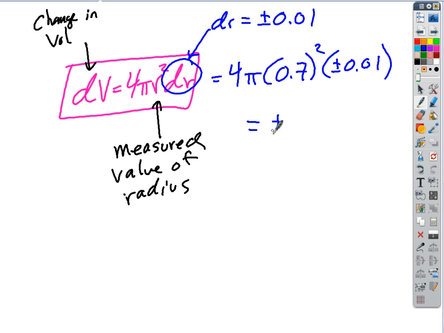I get plus or minus 0.0143, etc. Okay, so what is that? That's the amount that the error propagated in my volume calculation. So my volume might be off by as much as plus or minus 0.01437, and I think we were measuring in inches, so cubic inches. Whatever my volume calculation is, this is how far off it might be.